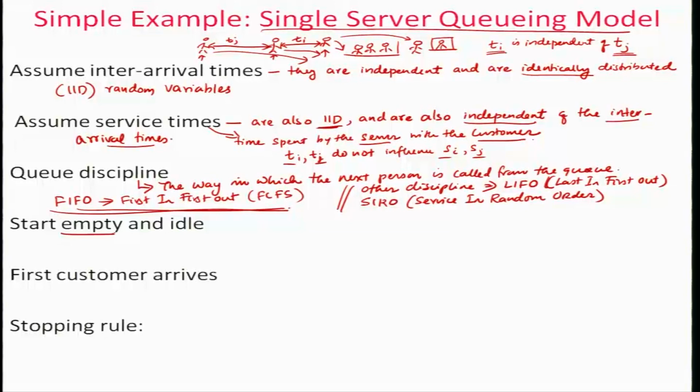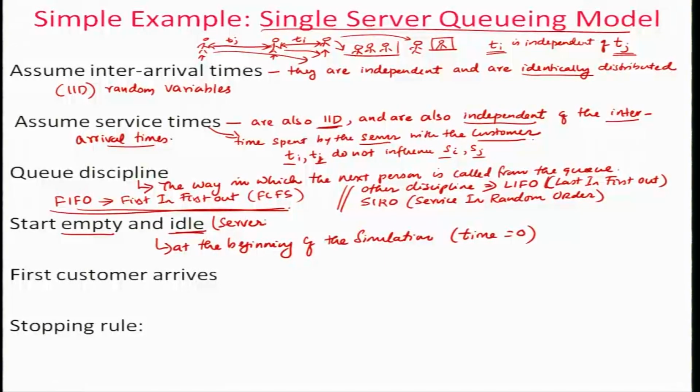You start the system empty, nobody is in the system and idle, at the beginning of the simulation, or what we call time equal to 0. At time t equal to 0, the system is started empty and idle. So, there is nobody in the system and the server is idle. Idle is the server, empty means no customer.